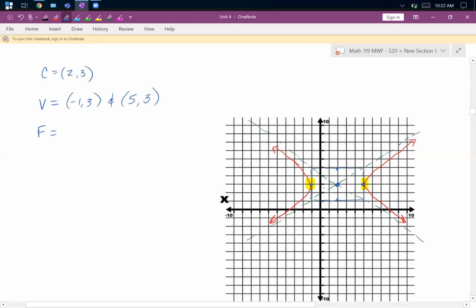Great. And then our foci are going to be c units away from our center, where c squared is equal to a squared plus b squared. So we get c to be the square root of 13. Where does that put our foci then?